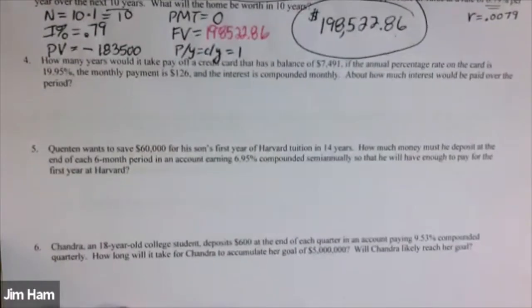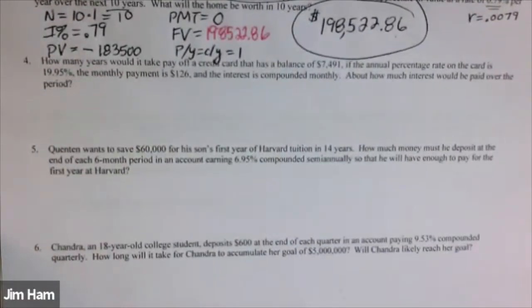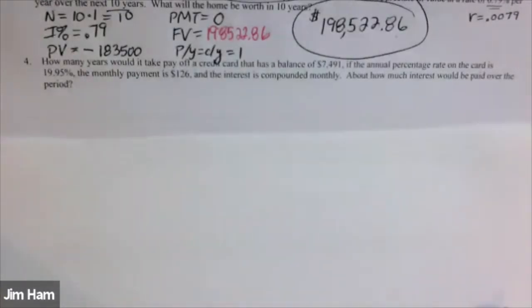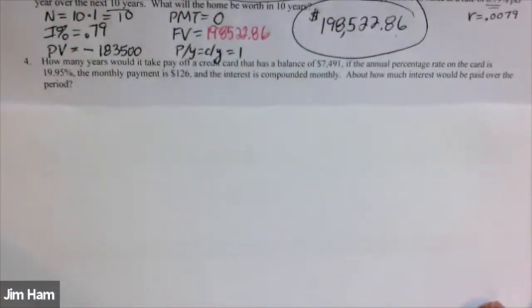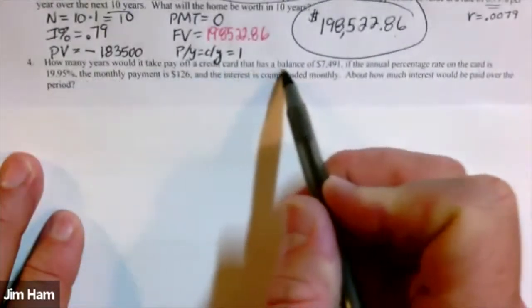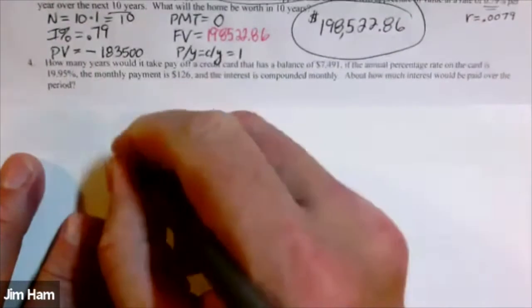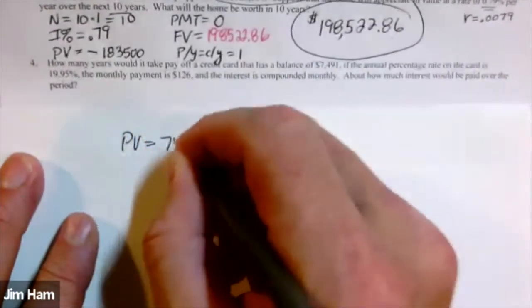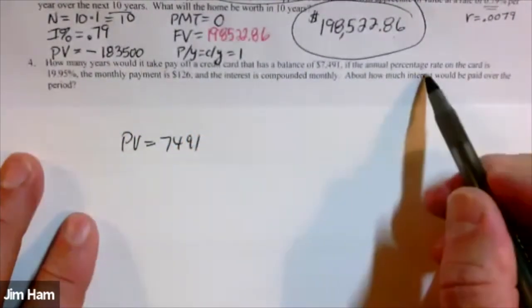All right, the next one, this is a great problem for the TVM solver, so I'll let you do this one while I work it out via formula. Let's see if I can beat you to the end. Okay, how many years would it take to pay off a credit card that has a balance of $7,491?